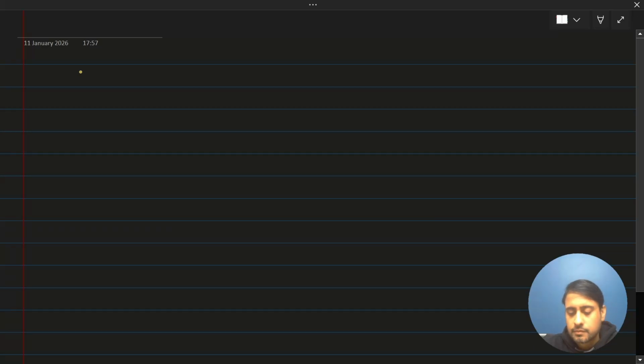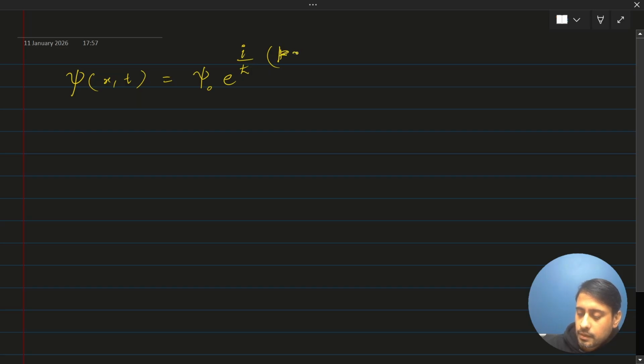So in the last lecture we started with the wave function, the time dependent wave function psi given by psi naught e to the power i over h bar (p dot r minus Et).